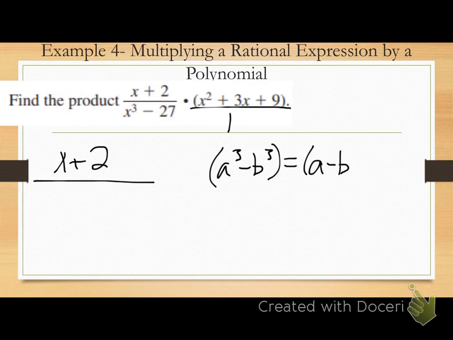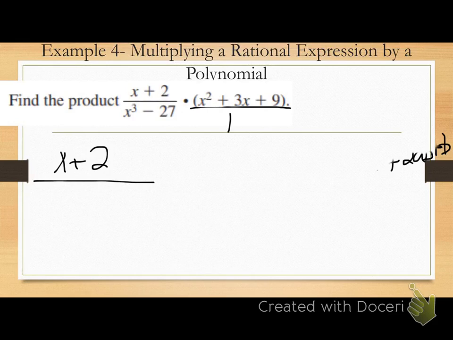We do a minus b times a squared plus ab plus b squared. Oh, I need to make myself some more room. I'll write it up here at the top.